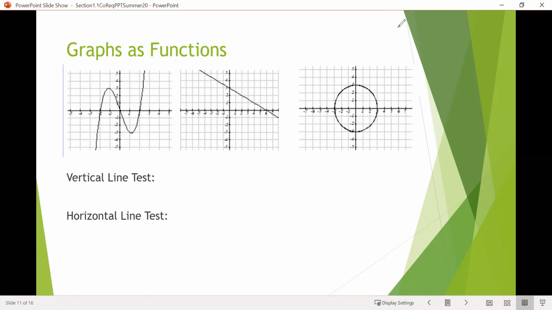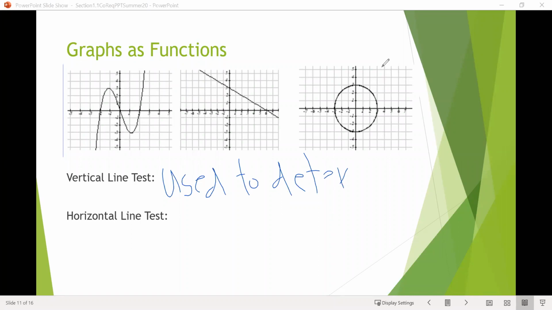So the vertical line test is used to determine whether a graph is a function. Notice that for the first graph here, for example, anywhere I draw a vertical line, it's only going to intersect the graph in one point. And if we see that, then that means that this graph passes the vertical line test, which means it does in fact represent a function.